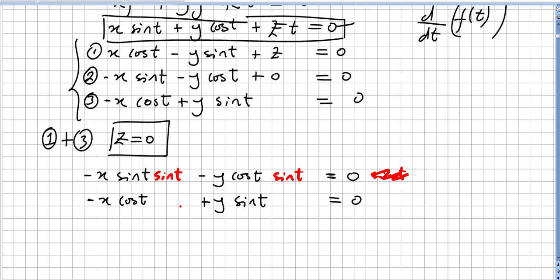And the third one I'm going to multiply by cosine of t, but times 0, that will be 0. Okay, so I'm going to erase this.